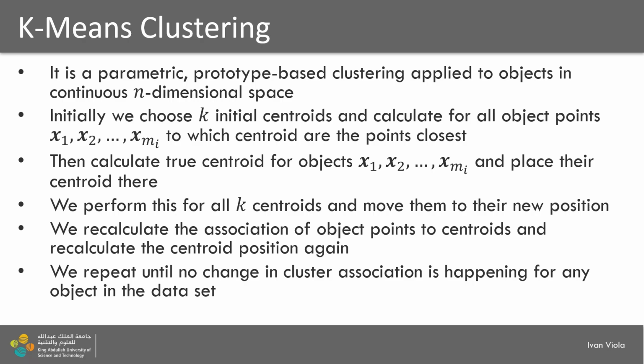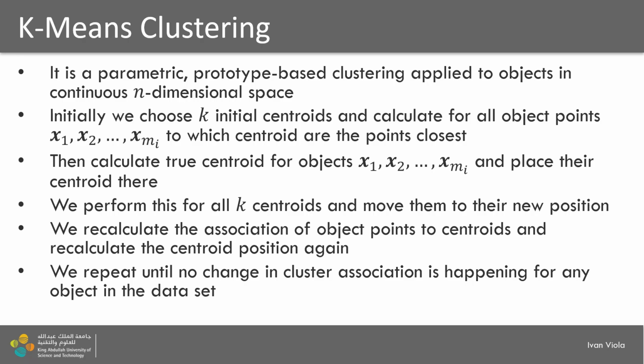And then based on this association, as there was some change in the groups of our points or members of the clusters, every time the centroid will be calculated slightly differently, and we will move our old centroid points, or prototype points, to the newly calculated centroid positions.